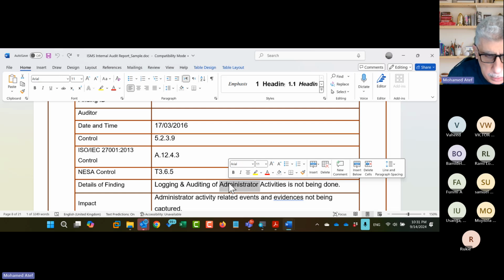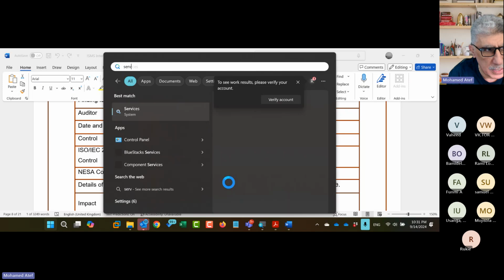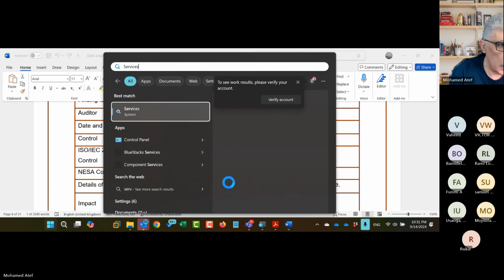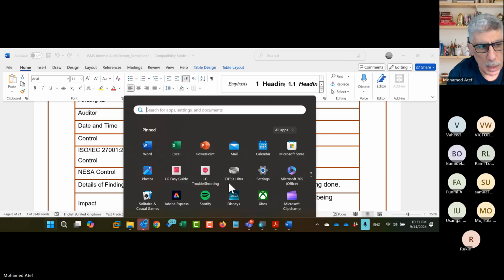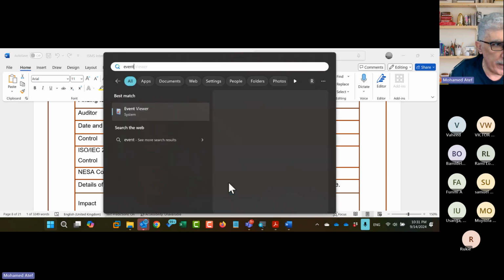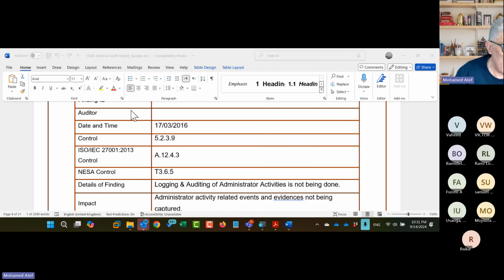I asked the administrator to log in using a wrong password 2 or 3 times. And then on the server, I opened the event viewer. You can do that: just click on start and type event.